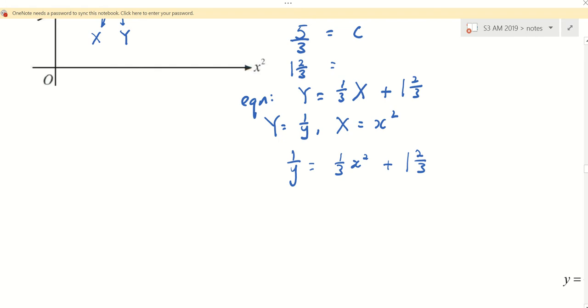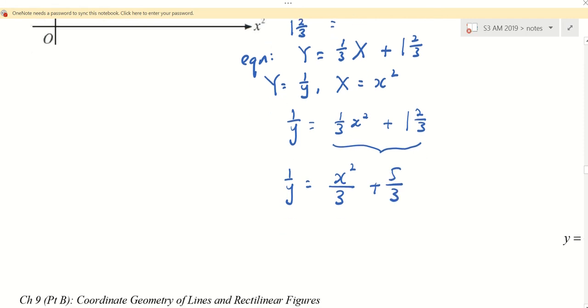Don't times Y throughout. You'll be very messy. So my suggestion is make this into a single fraction first. So how do I do it? So 1 over Y is X squared over 3 plus 5 over 3. Can I group them together already? Yes, right? So 1 over Y is X squared plus 5 over 3.